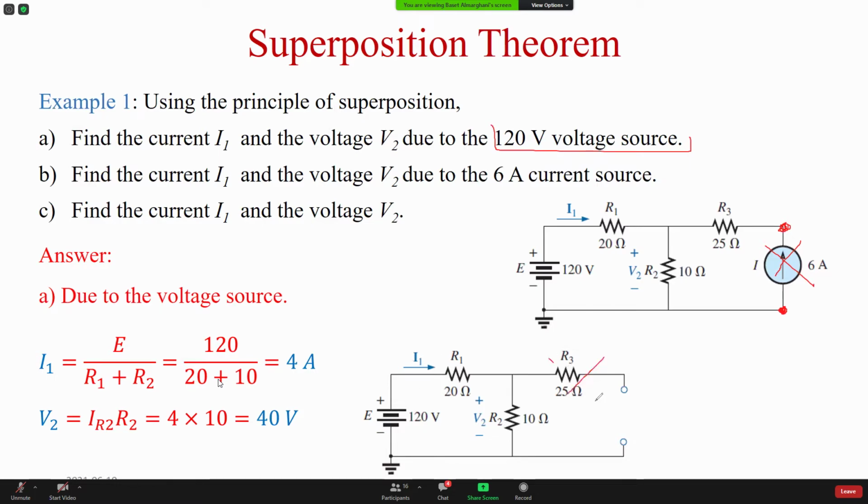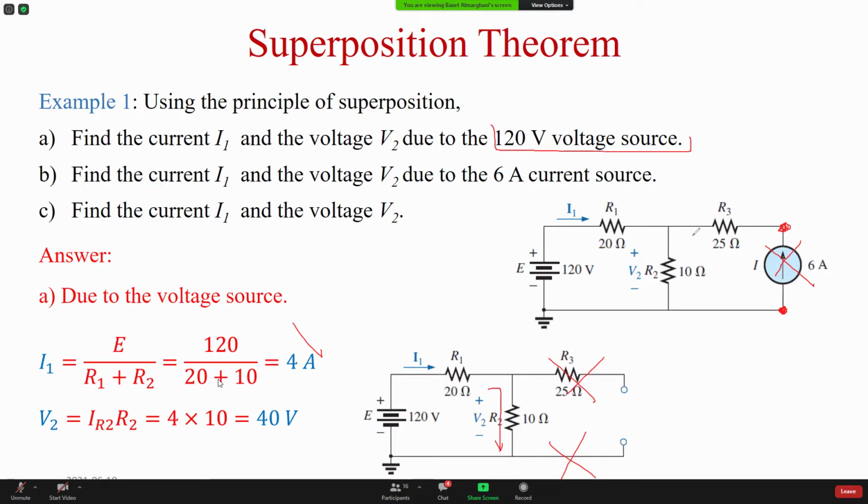The current is 120 divided by 30, which is 4 amperes. V2, the current here is 4 multiplied by 10, which is 40 volts. So this is the current I1 and the voltage V2 because of the first source.